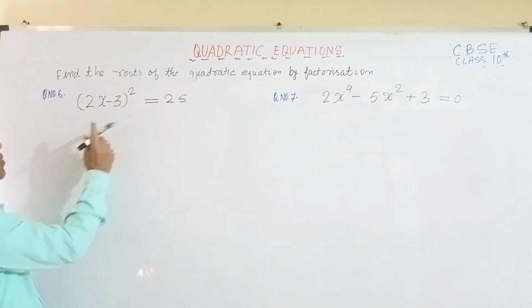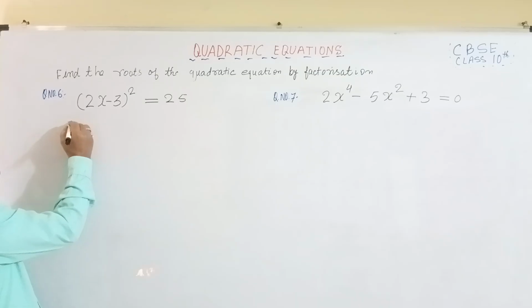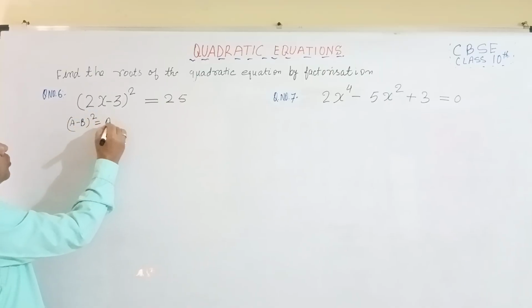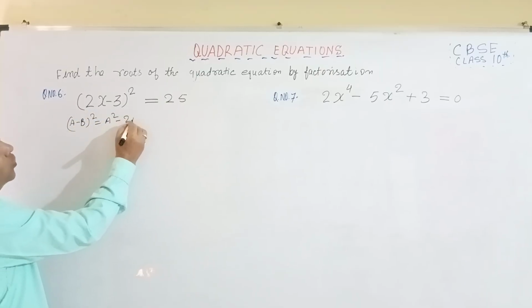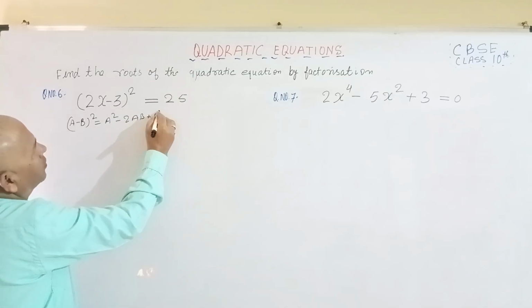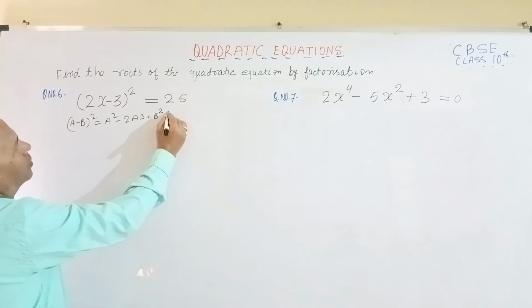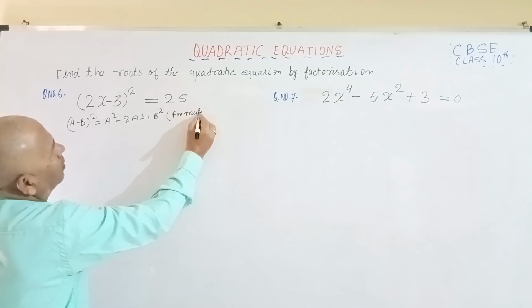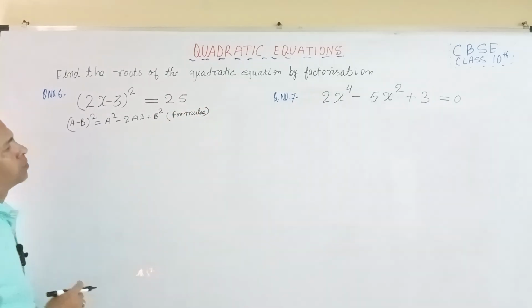So in this we will use the formula (a minus b) whole square equals a square minus 2ab plus b square. This formula we will use.